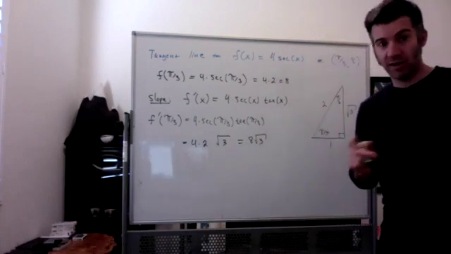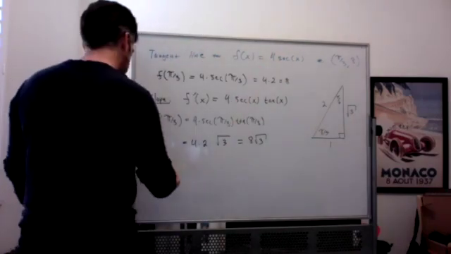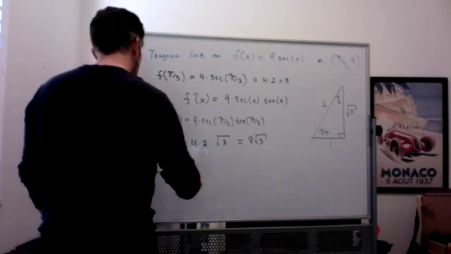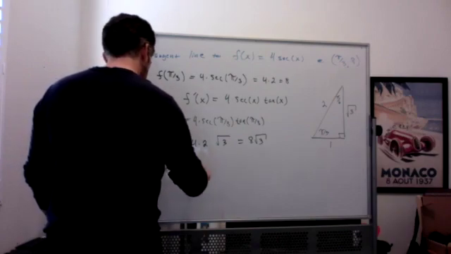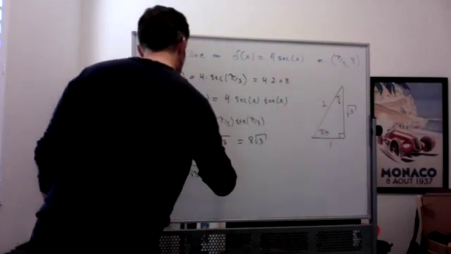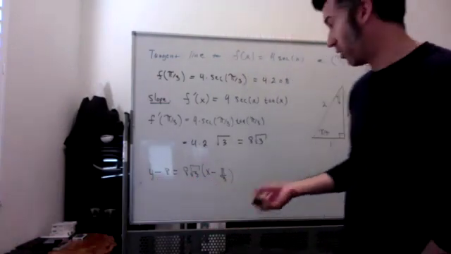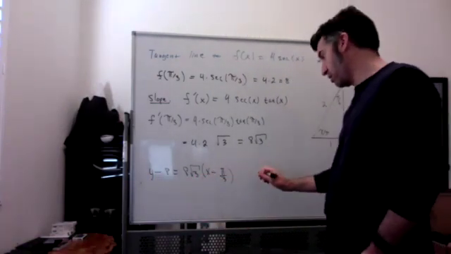So then if we want to write the equation, I'm going to use the point-slope form, that's my preference. I'm going to say that y minus the y coordinate equals your slope times x minus the x coordinate. Now, if you want to write this in slope-intercept form, we should distribute the 8 root 3.